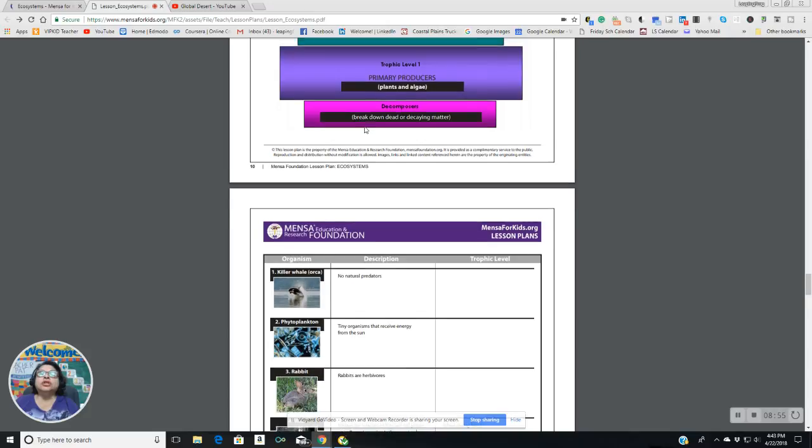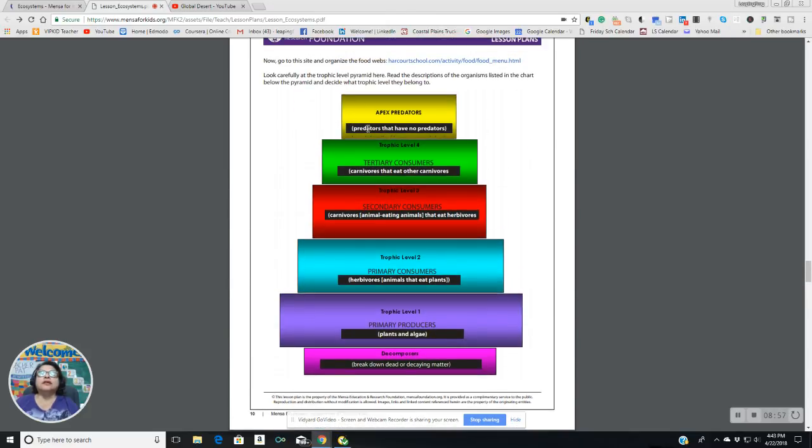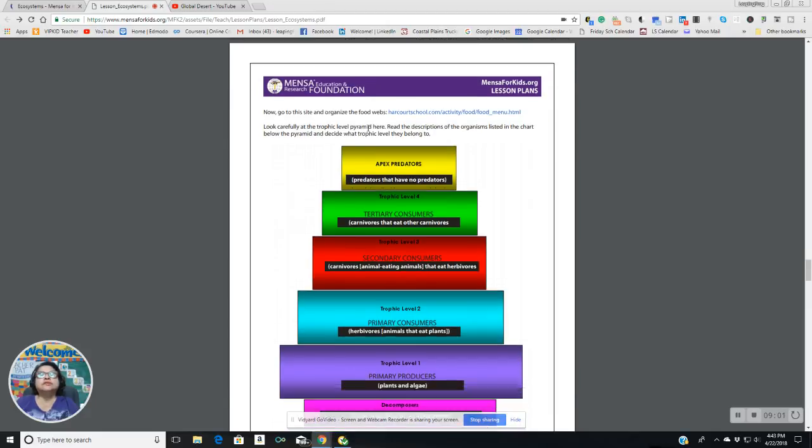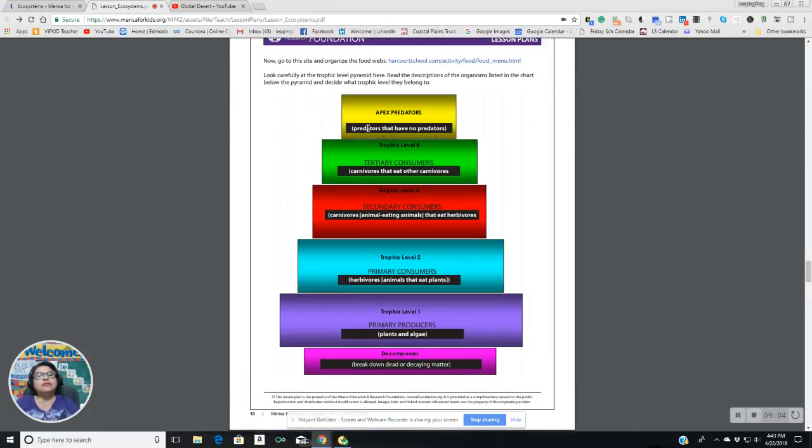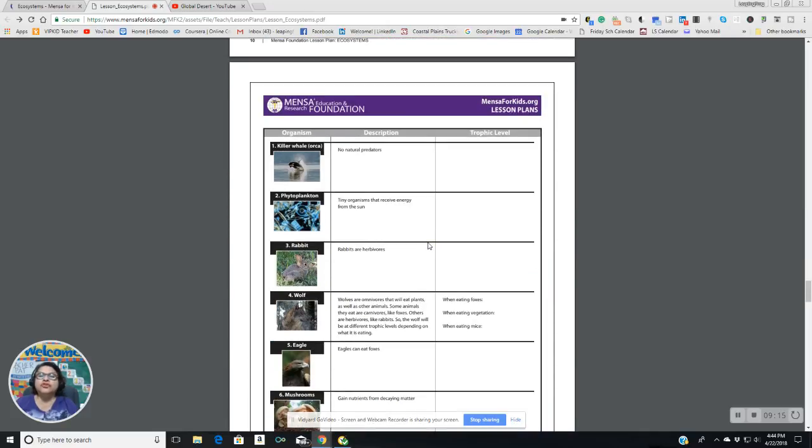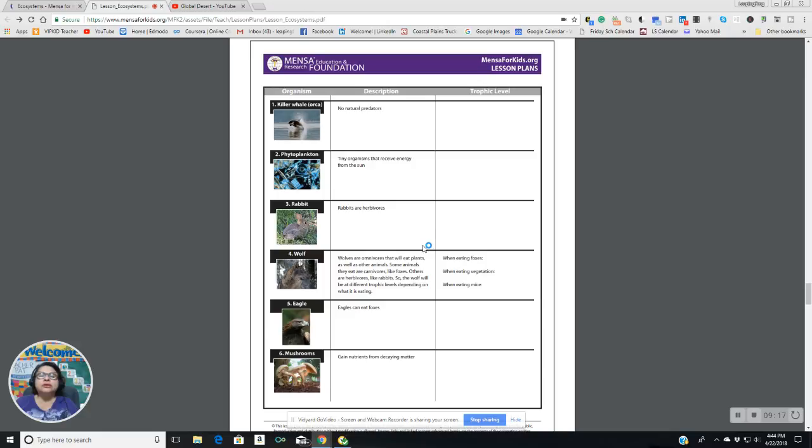So they can look at their food web diagram and kind of think it through, because each level will tell you you have your decomposers, your primary producers are the plants and algae, and so forth. I know many of you teachers already have taught this, but for those beginner teachers who are still kind of figuring things out, just look at that diagram.